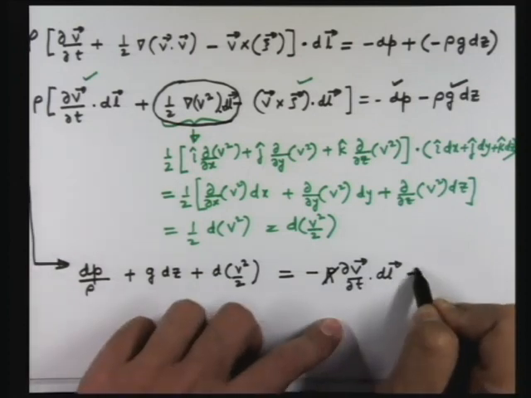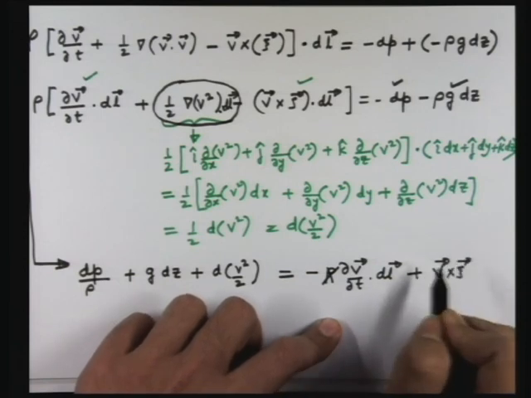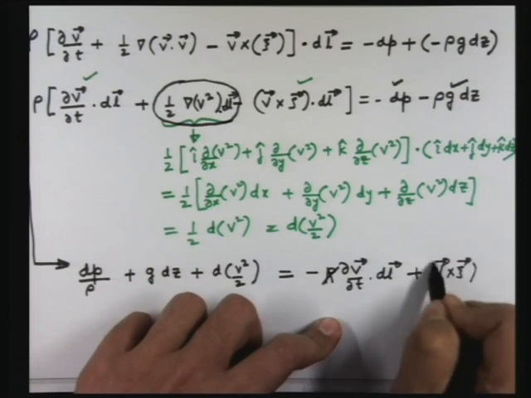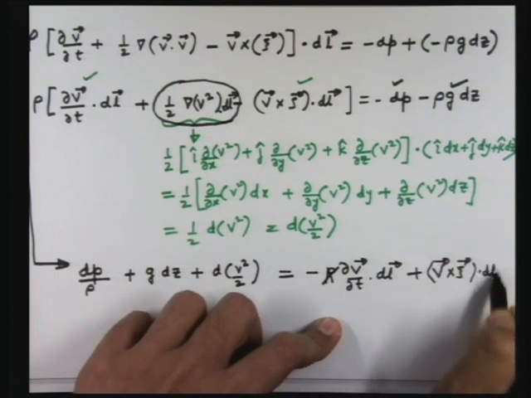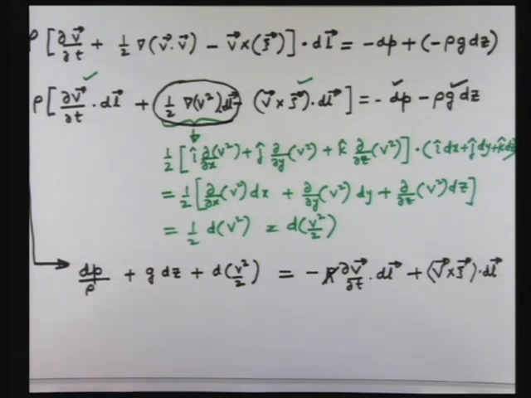Then plus, we have already divided by rho, so rho is not there. Let us try to understand this equation.